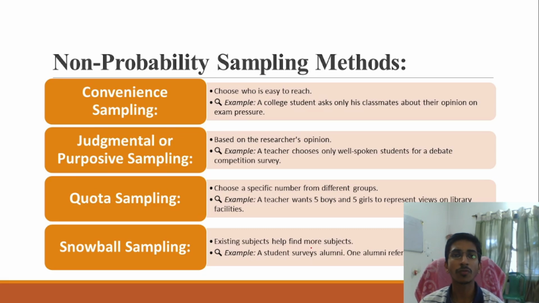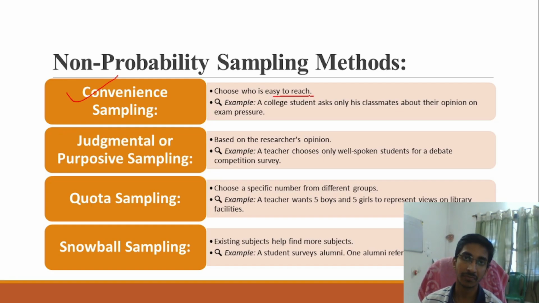Next, non-probability sampling. There are 4 types of non-probability sampling methods. First, convenience sampling, then judgmental or purposive sampling, then quota sampling, and snowball sampling. Okay, convenience sampling means choosing who is easy to reach. The keyword is easy to reach.